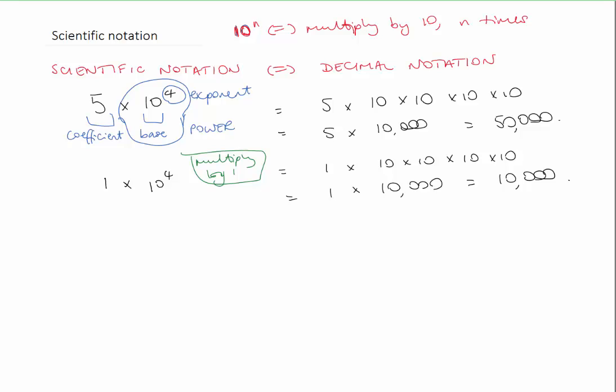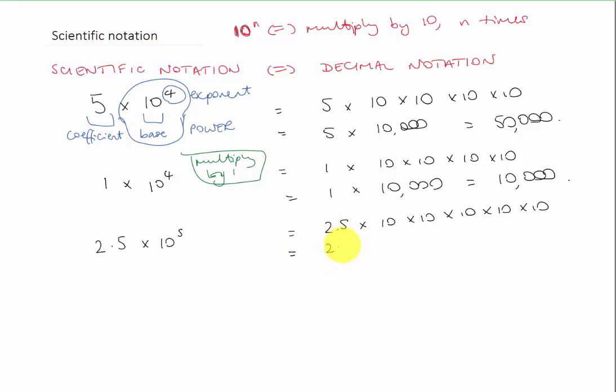Now how about if the coefficient has a decimal place in it? Let's take an example, say 2.5 times 10 to the 5 this time. So that's 2.5 times 10 times 10 times 10 times 10 times 10. There I've written 10 5 times, 1, 2, 3, 4, 5.